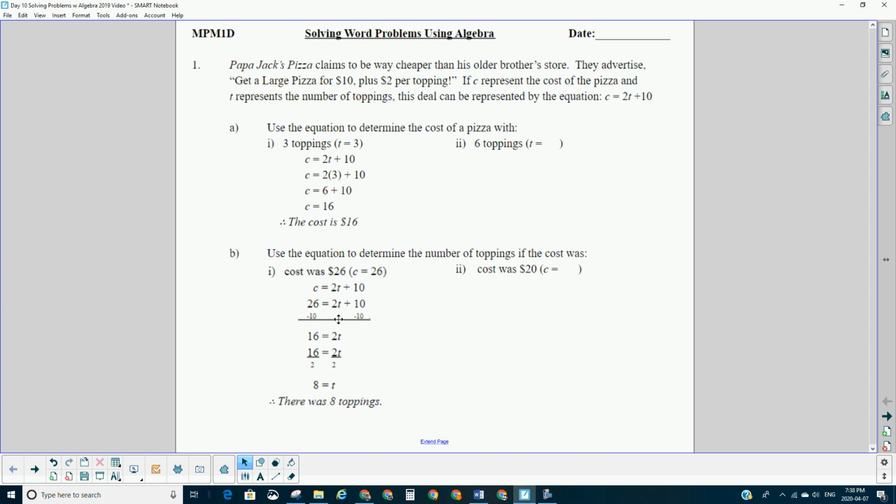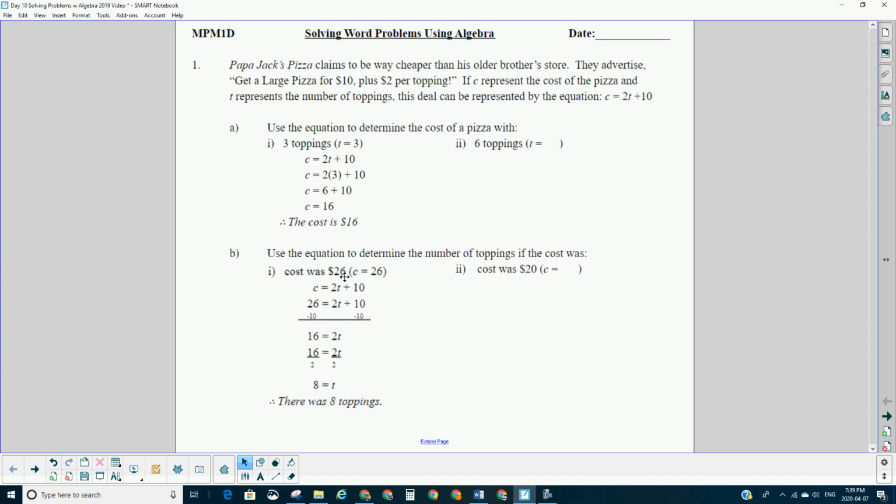So for example, it is impossible to have $27 worth for the cost of this pizza. It's impossible. If you had $27, you subtract the 10, you'd have 17. 17 divided by 2 is 8.5. You can't have 8.5 toppings. So that question is unrealistic. It's impossible to have $27 as a cost.